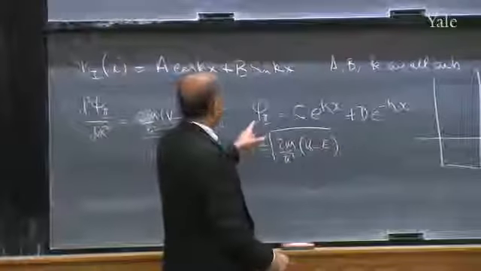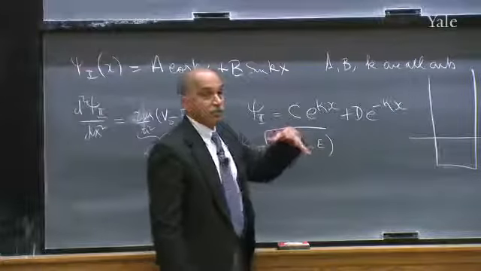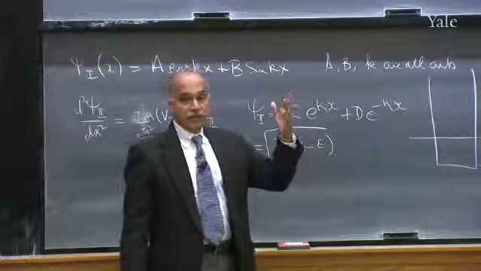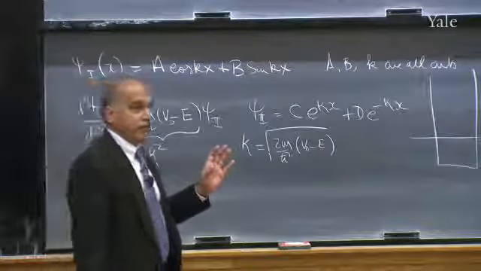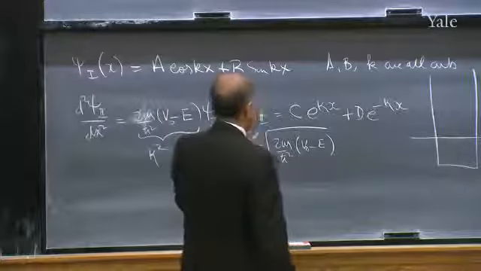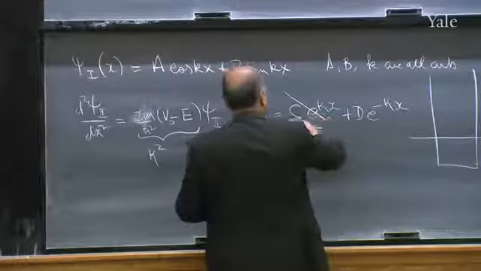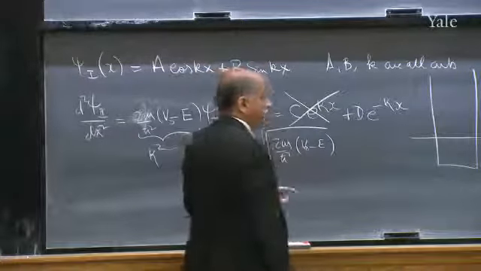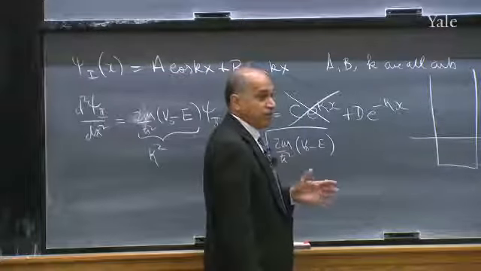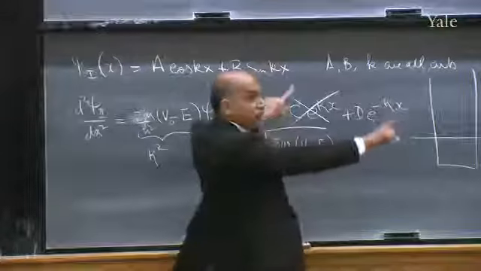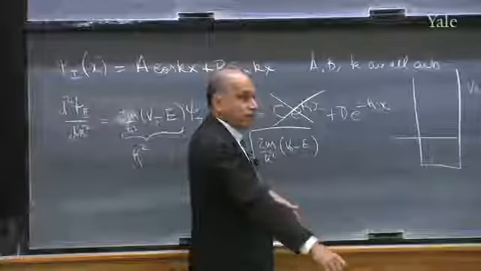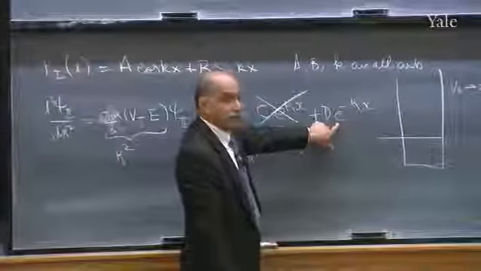Furthermore, the square of psi can never be normalized to 1, because for an exponentially growing function, the area under that is exponentially large. There's no way to fix that. So on physical grounds we drop the solution, because we don't have to pick C to be non-zero. We have the freedom, and the physical condition tells you no one wants a function growing at infinity. We want functions falling at infinity. This is the only function that falls at infinity.